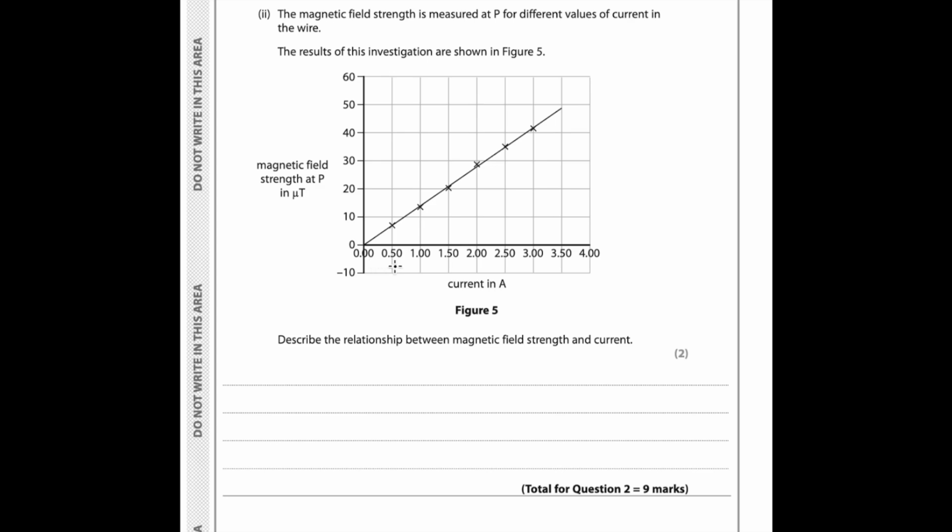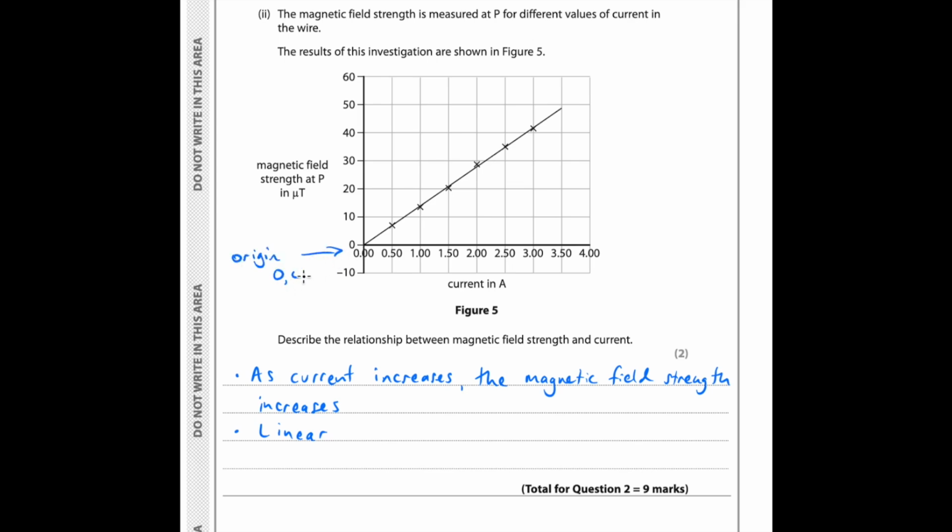Right, well as the current is getting bigger and bigger, the magnetic field also gets bigger and bigger, and it's linear because it's a straight line. Or, because it's linear and it goes through the origin, 0, 0, you can say it's directly proportional.